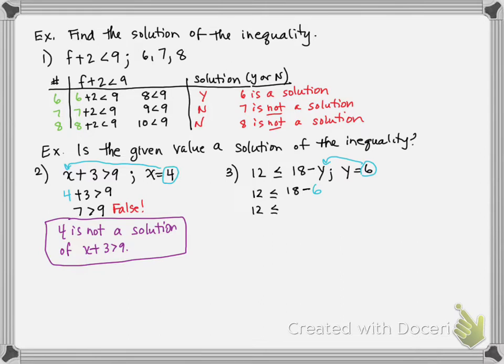Is 12 less than or equal to 18 take away 6 is 12. Ooh, guess what? That's true. The "or equal to" saved us on this one. So if that's the case, then we conclude 6 is a solution of 12 is less than or equal to 18 minus y.